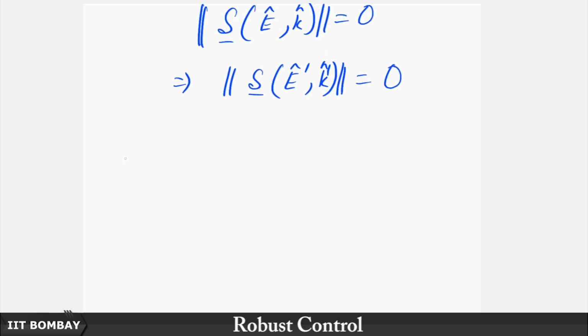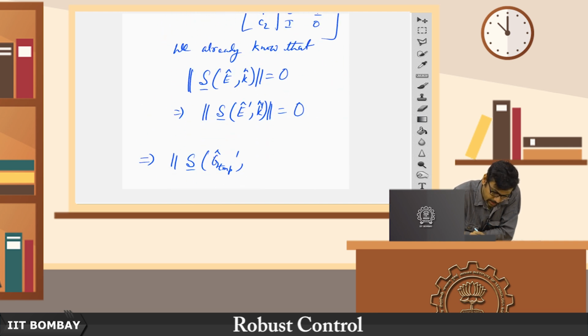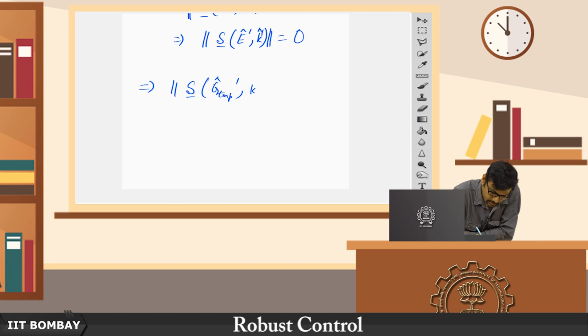which implies that the norm of the star product of G hat TMP K hat prime, G hat TMP prime K hat prime, squared. It matters not whether you square or not really, because there is only one term now.